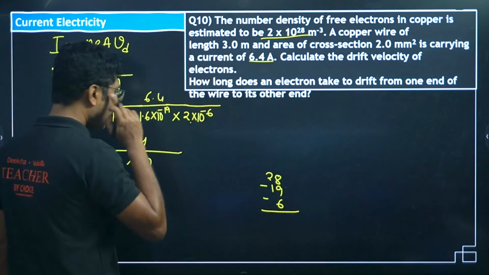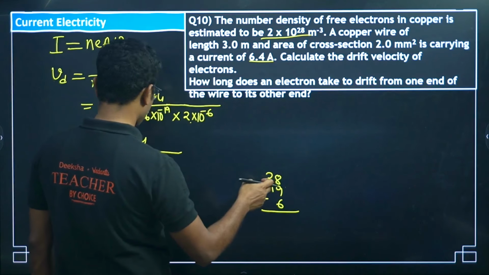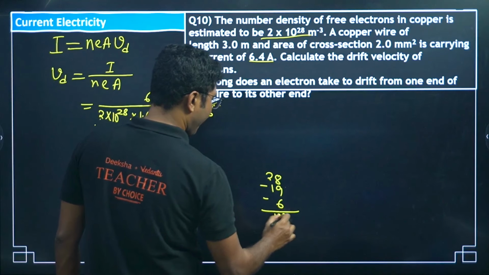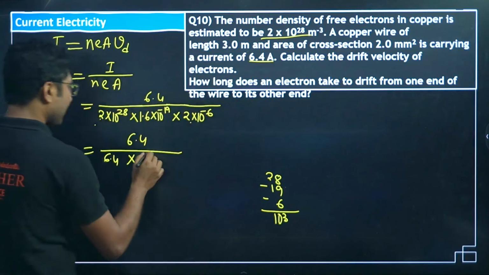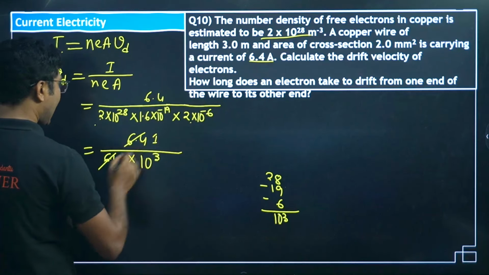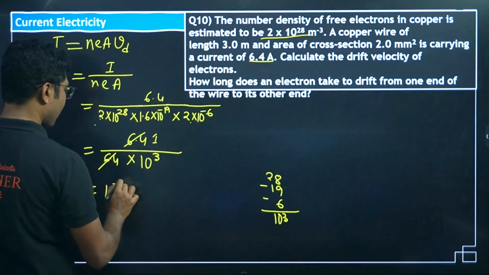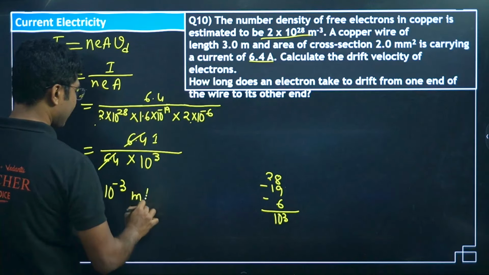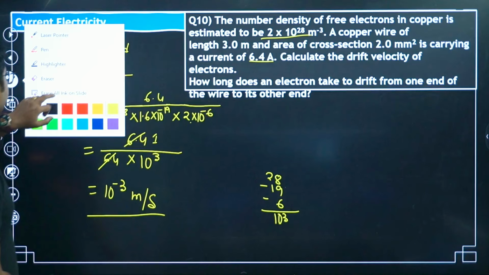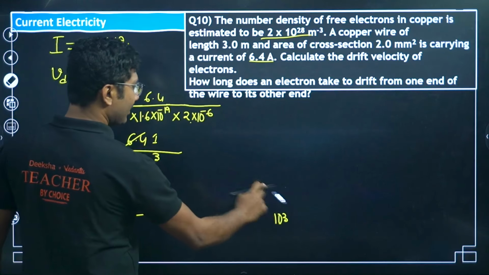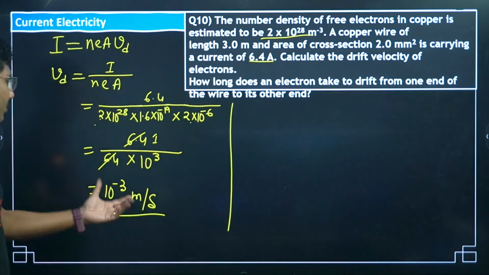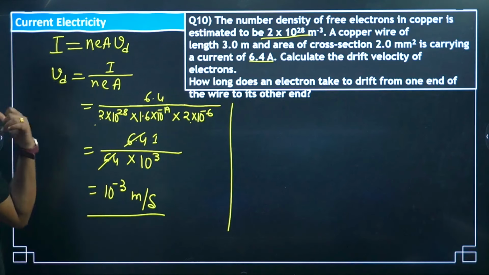So, it will be 10 to the power of 3. So, 6.4 gets cancelled and you get the drift velocity as 10 to the power of minus 3 meter per second. Its unit will be meter per second, as you have done in your motion in a straight line chapter. This is the first part.